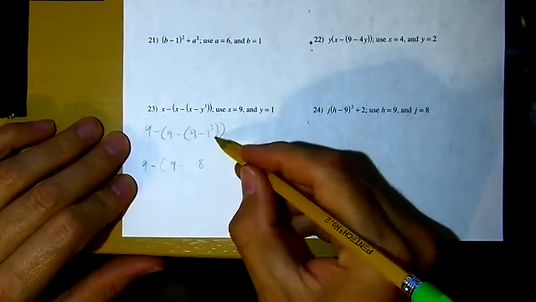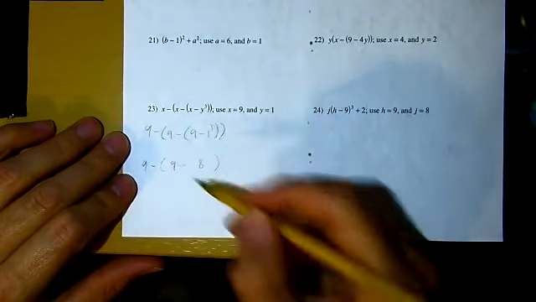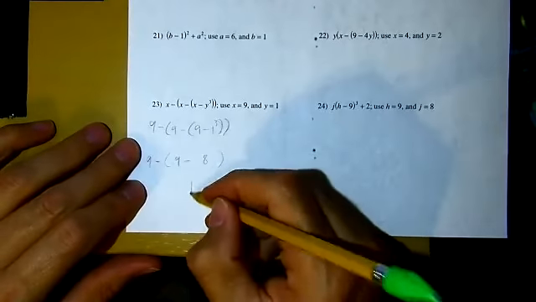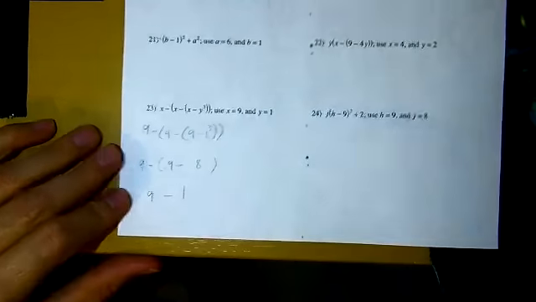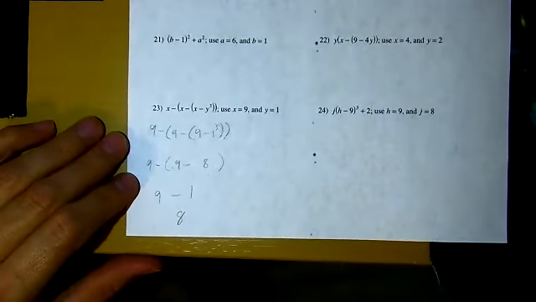We got rid of this inner parentheses, but we did not get rid of this outer parentheses, so that comes down. So now you've got 9 minus 8, which is 1. So it just ends up being 9 minus 1, which is 8. That is the end of evaluating algebraic expressions.